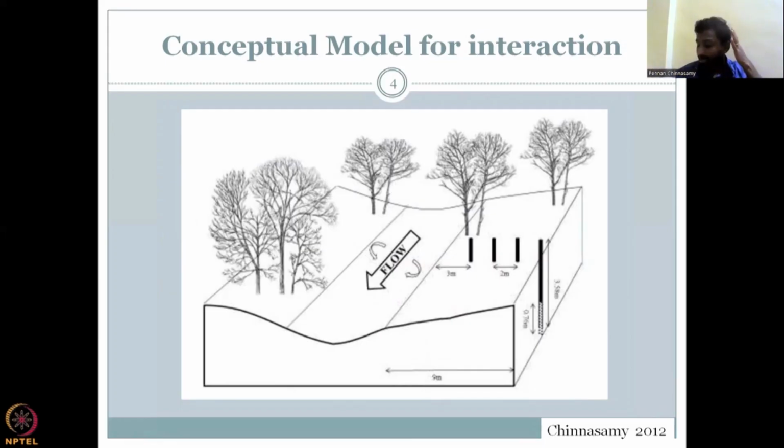So this is kind of a losing stream and then it gains downstream. So when water comes down, you see that part of the stream is losing water because the water goes into the ground part and into this ground part.